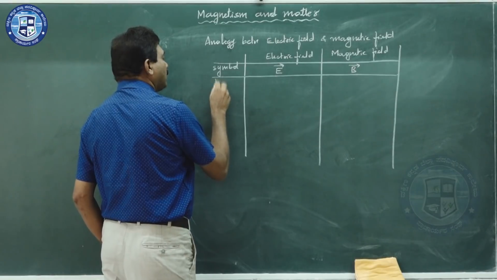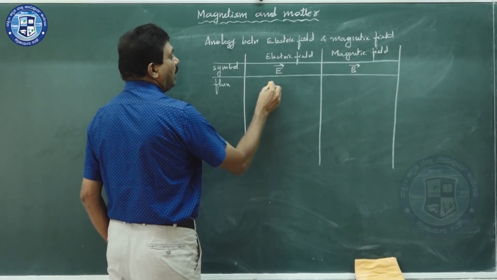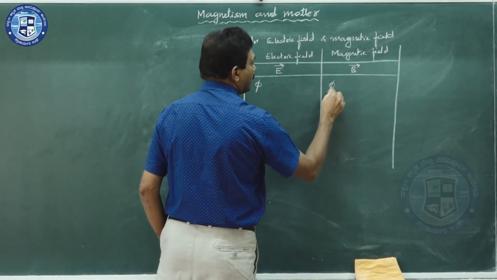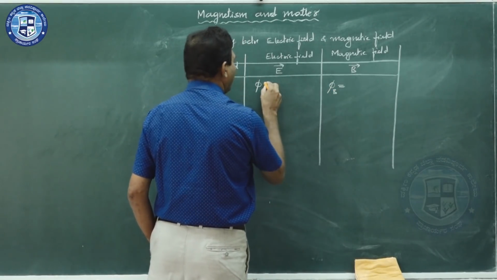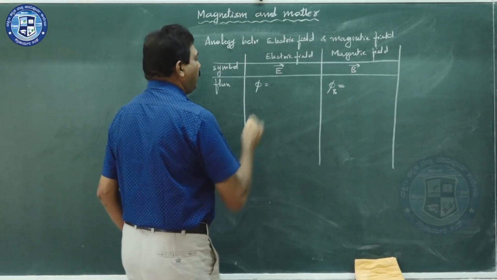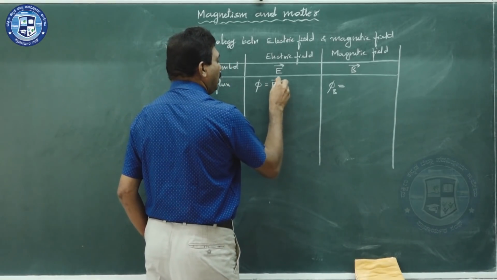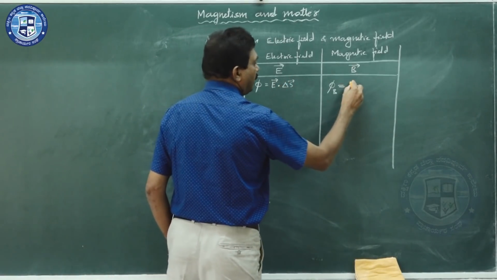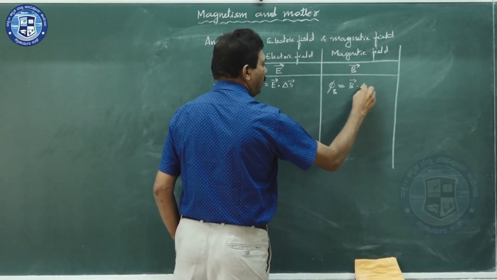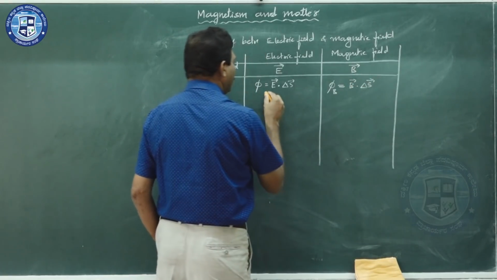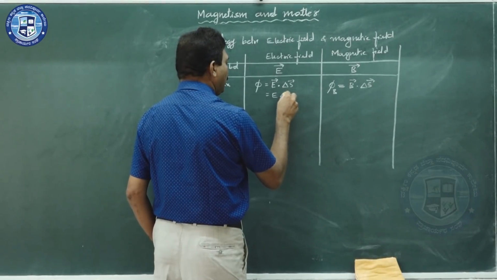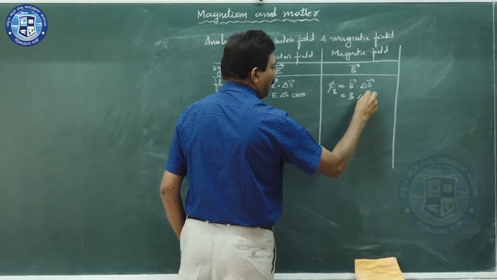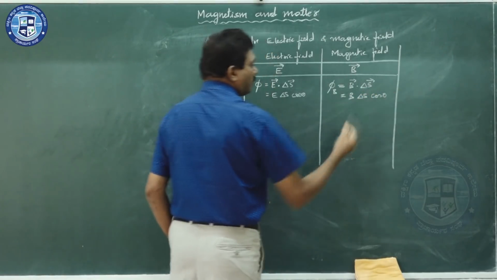The flux in electric field we consider as phi, in magnetic field we consider as phi B. The phi is given by the formula E dot delta S. Here it is B dot delta S. So, here it is E delta S cos theta, here it is B delta S cos theta.